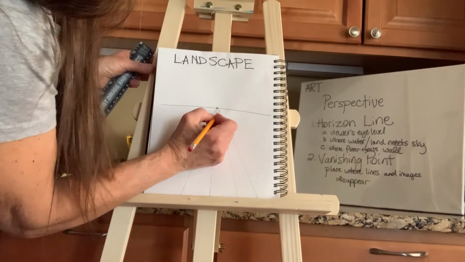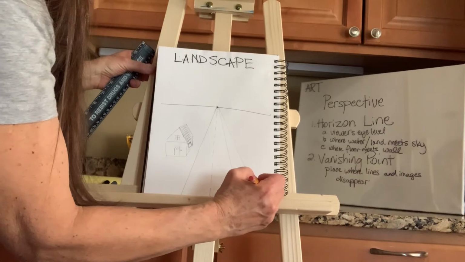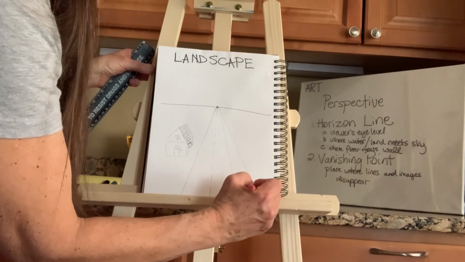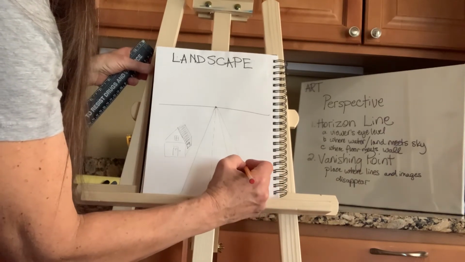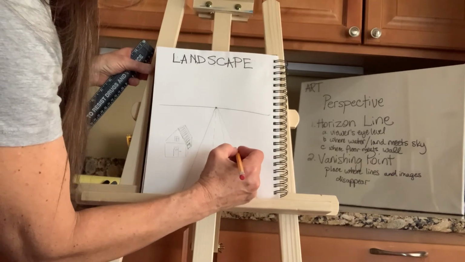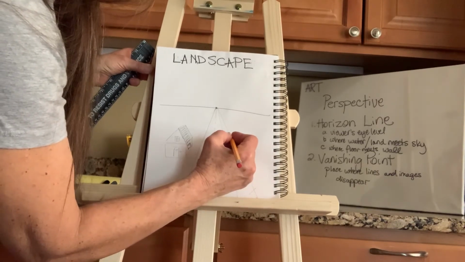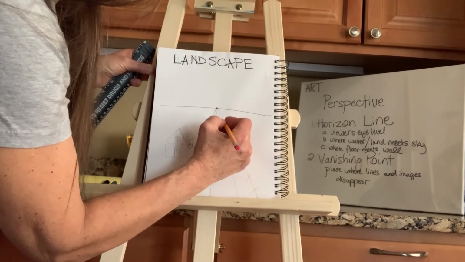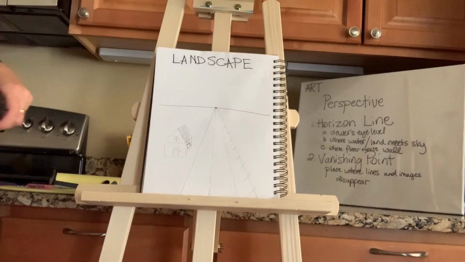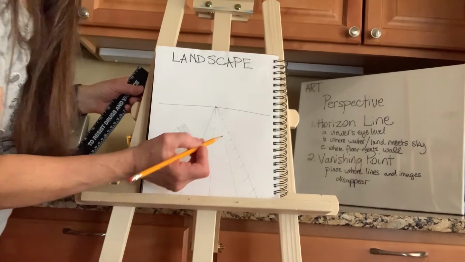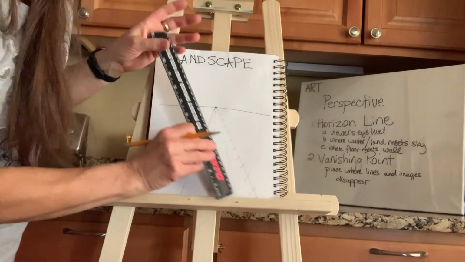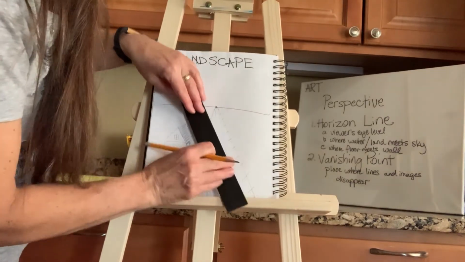And I want you to think about how those lines would go. So I'm just going to have the fence line, and again, these lines are going to get closer together and shorter as they get further away. And you can do your fence however you want. A lot of fences would maybe have two rails.